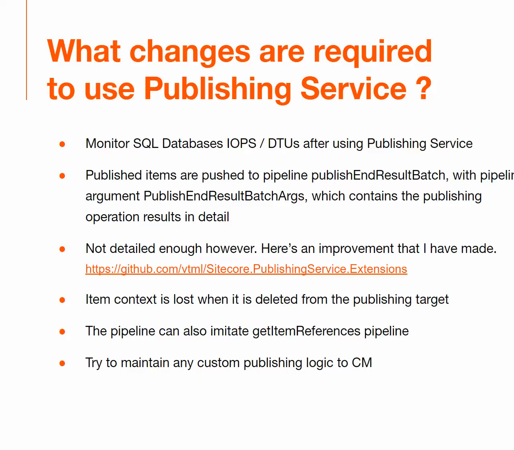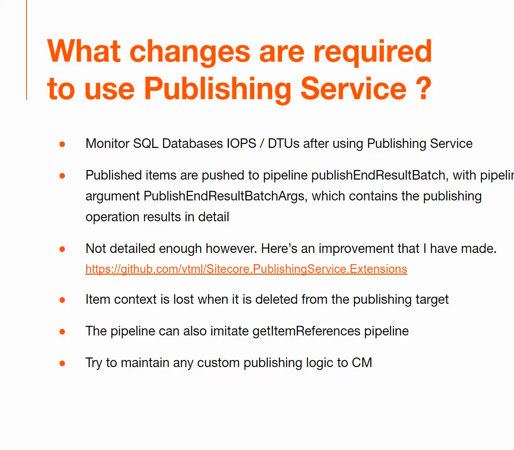The item context is lost when you are publishing something. So when you publish something, all the context is lost. So that means you will say, oh, I've unpublished this GUID, but you don't get the Sitecore path, you don't get any of that. So that means you can't even work out where that item is located originally. So you won't be able to see it.